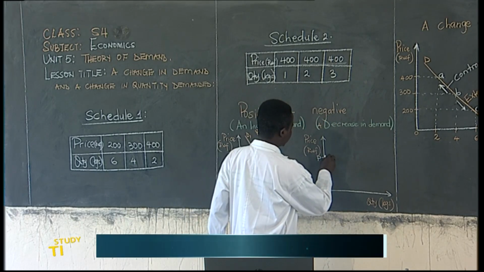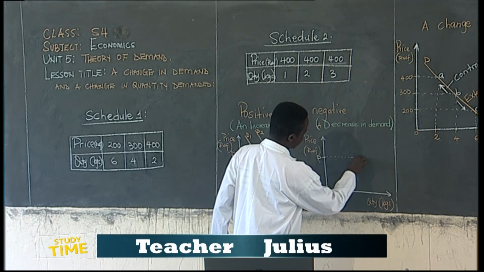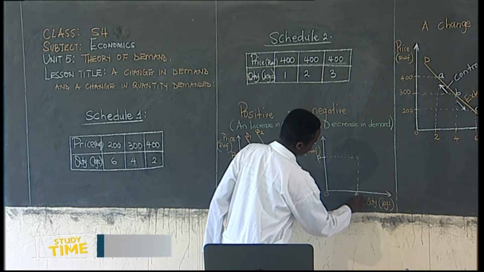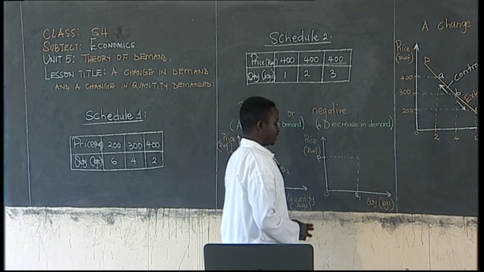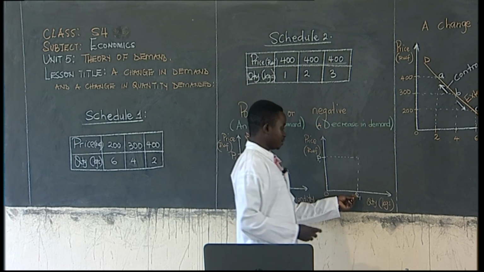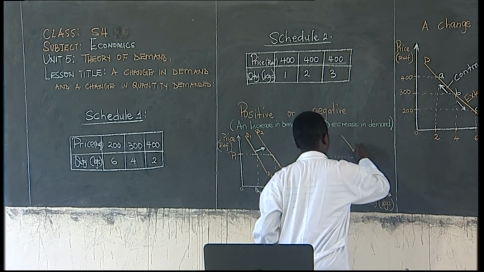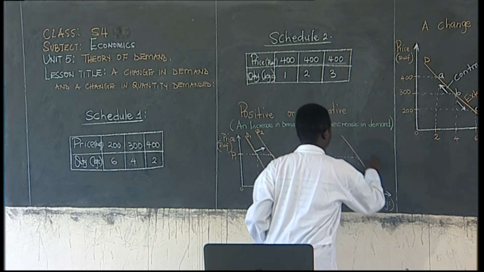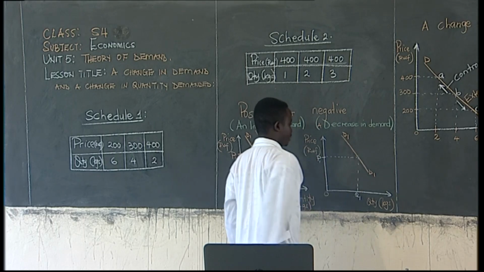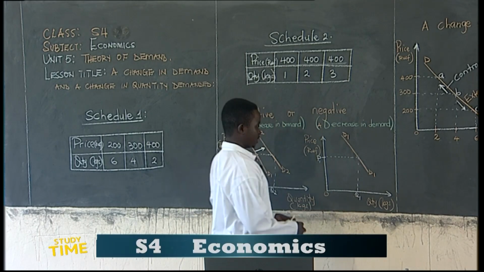So assume at price 1, we had our quantity demanded as Q1. And here we are saying a decrease, meaning that there must be a decrease in the quantity demanded, but at a constant price. And assume we have our demand curve named D1. At this price, quantity demanded is this.